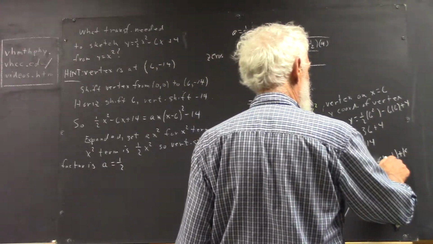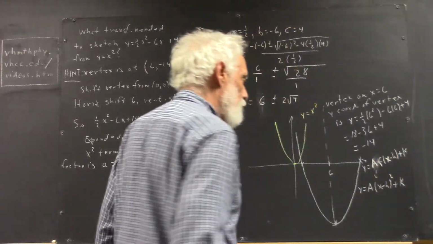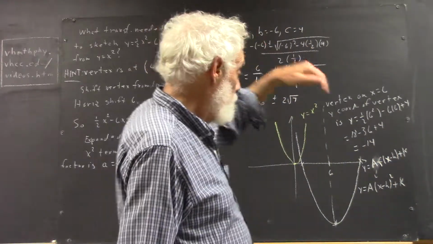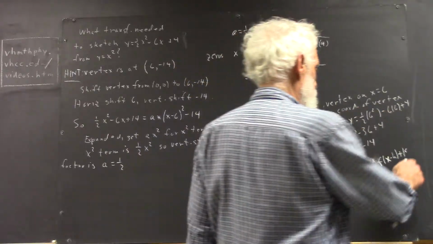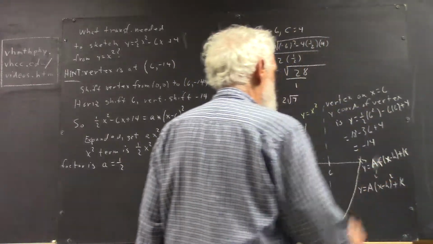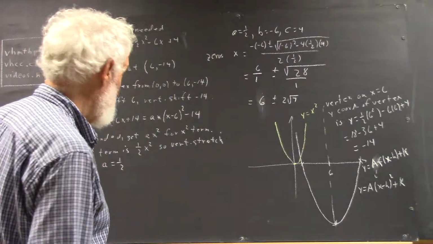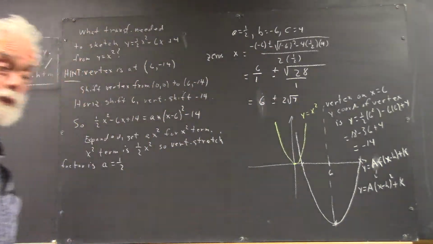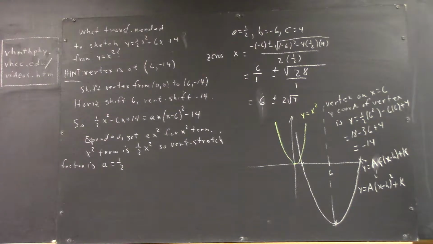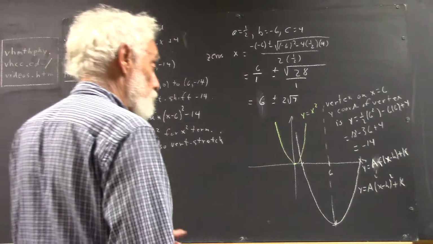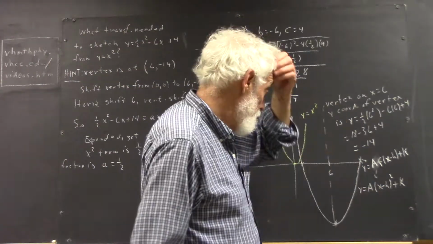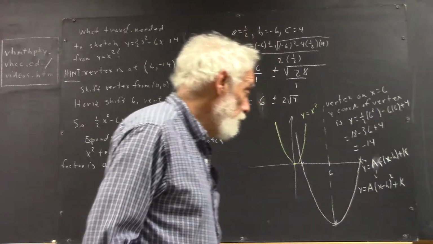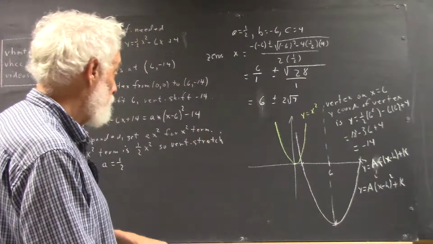This is the general form of any function that's transformed by shifting h units in the x direction, k units in the vertical or y direction, and with a vertical stretch of a. Well, we know that we do the vertical stretch first. It's kind of like you do multiplication before you do addition. The vertical stretch is a number that multiplies something else. So you have to do the multiplication before you do any addition or subtraction.